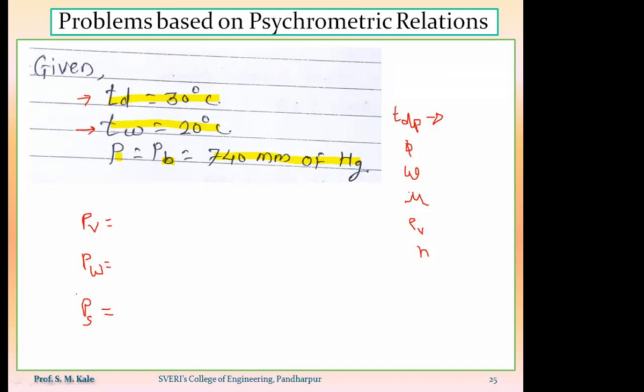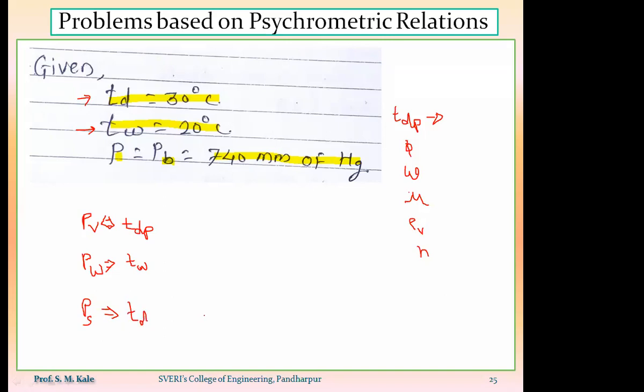These three values, PV, PS and PW, correspond to three temperatures. PV corresponds to dew point temperature. PW corresponds to wet bulb temperature, and PS corresponds to dry bulb temperature.